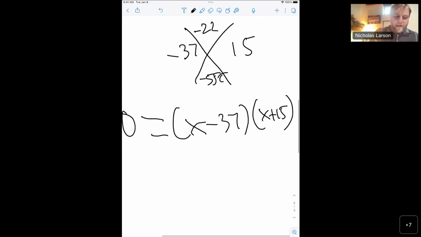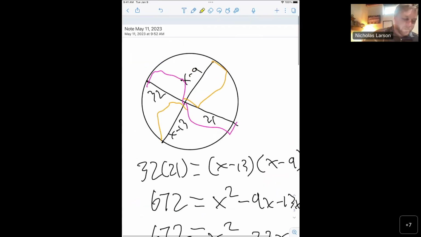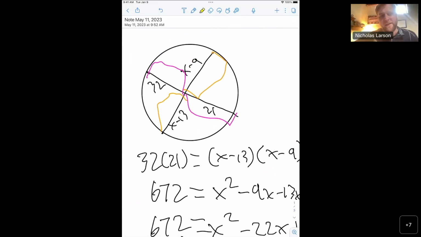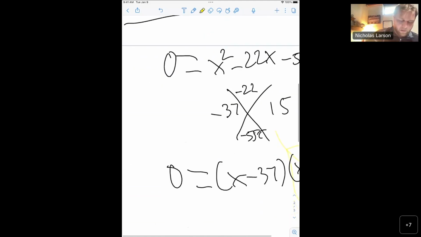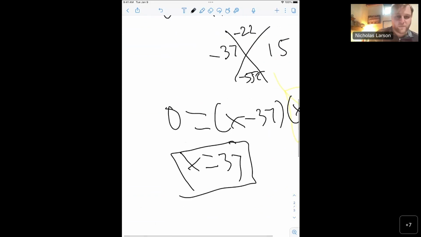I can't have x equals negative 15 as a possible answer, because if I go back to the original problem, that would give me a negative length, and we can't have a negative number for a length. So what's my answer? x equals 37. That's for the first one.